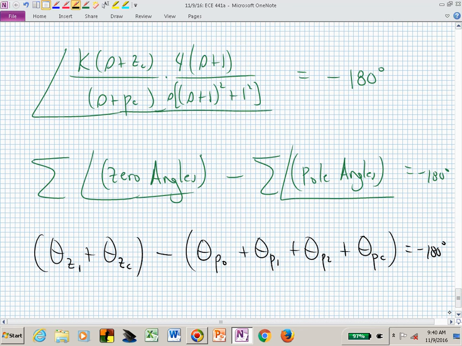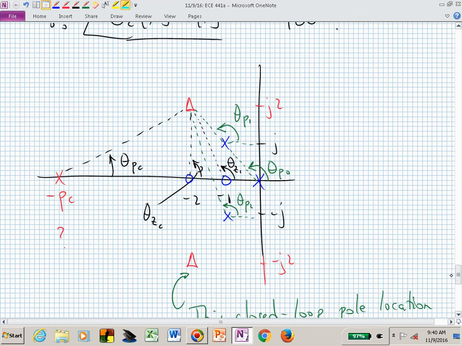Is it clear where those angles are coming from? This theta sub z sub 1 is coming from that. Theta sub z sub c is coming from that factor. And we know exactly from geometry or trigonometry how to compute those because those angles are fixed from our system.